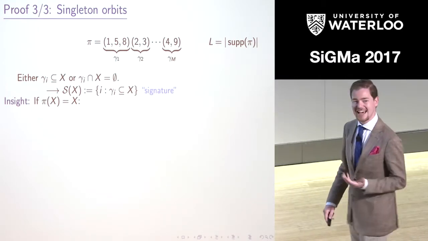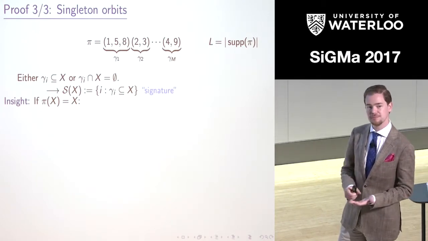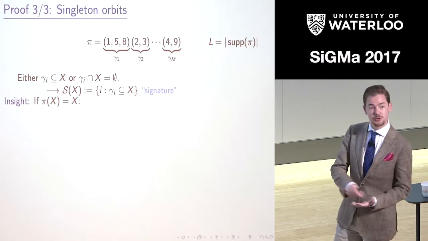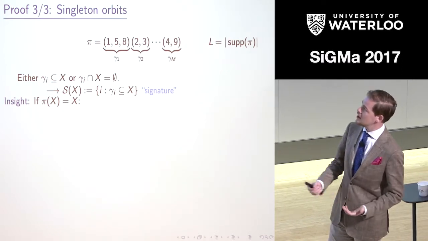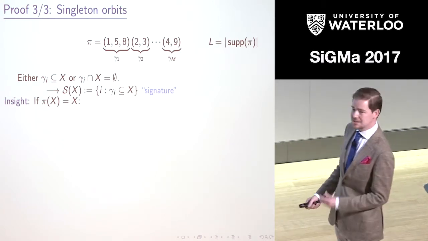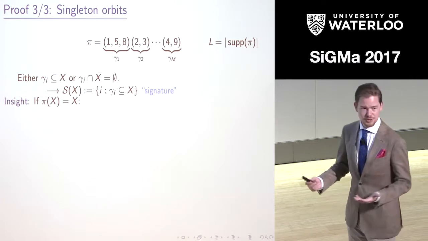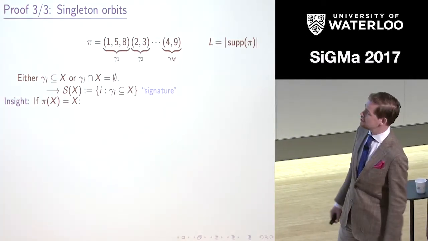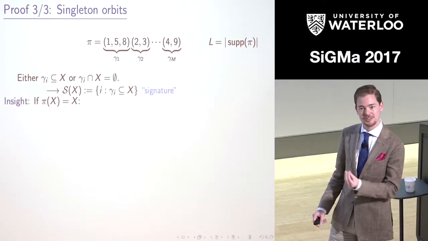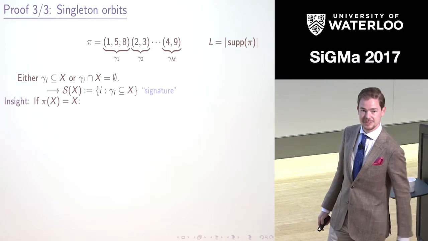Now suppose that X is a vertex of my Johnson graph that's fixed under this permutation pi. Then each of these cycles is either contained in X or it's completely disjoint from X. This means that for every such vertex that's fixed under pi, we can write down the signature of this vertex, which is then just the set of all indices of cycles that are fully contained in the vertex.